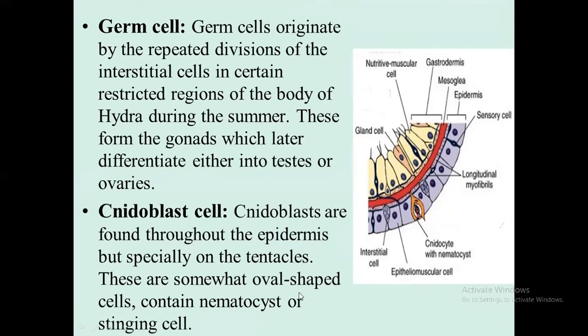These are somewhat oval-shaped cells containing a nematocyst or stinging cell. So nidoblast cell consists of a nematocyst, and this nematocyst is also called a stinging cell. Look, this is a nidoblast cell, which is also called a nidocyte.